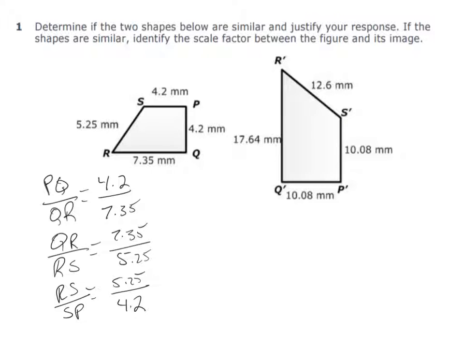The last one is SP to PQ. So I think I went all the way around the figure. Again, SP is 4.2 and PQ is 4.2.